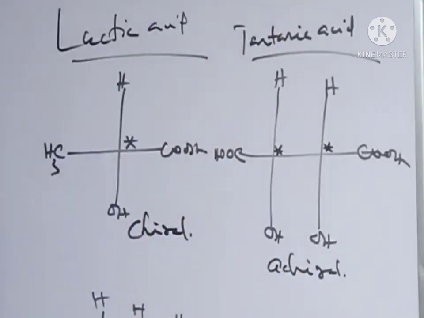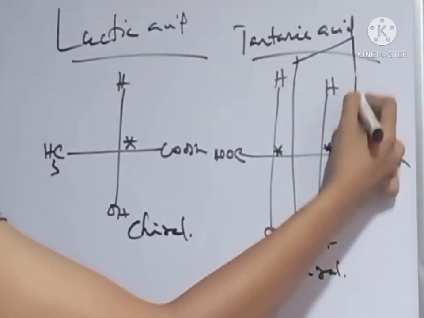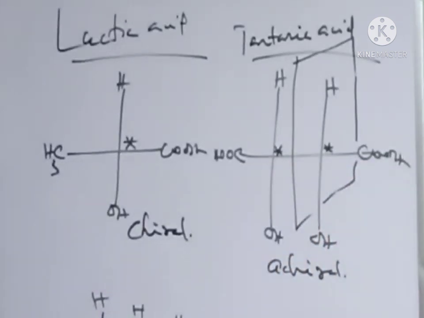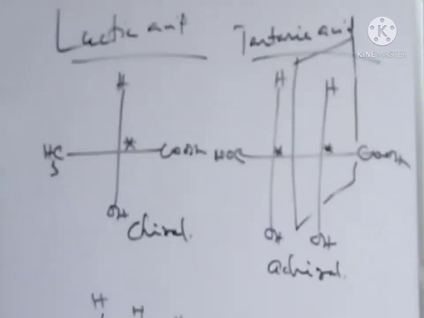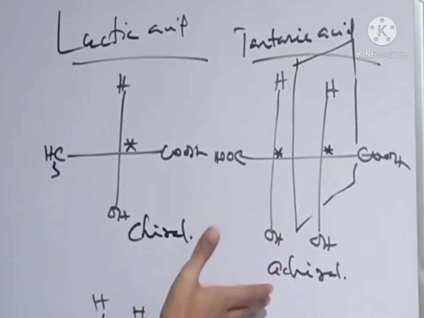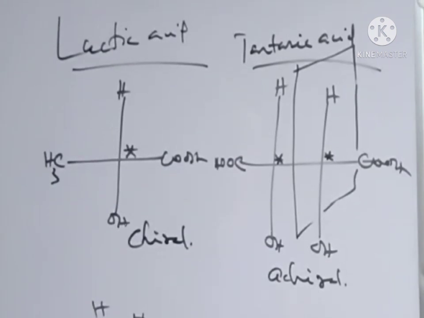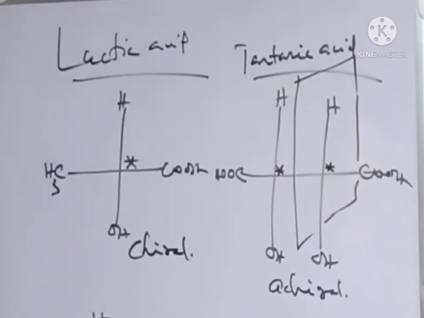Because if we draw a plane which is passing through this bond, that is a plane which is cutting this bond, the 2 halves formed here are identical. So, there is a plane of symmetry, and we cannot call this molecule a dissymmetric molecule, and hence we can categorize this as achiral. Even though there is a stereogenic center, the molecule should possess a dissymmetric center, then only it becomes chiral.